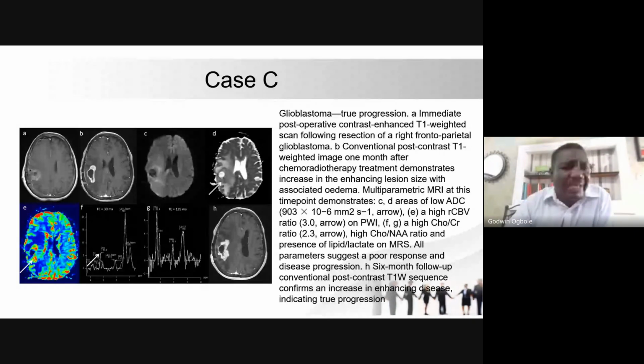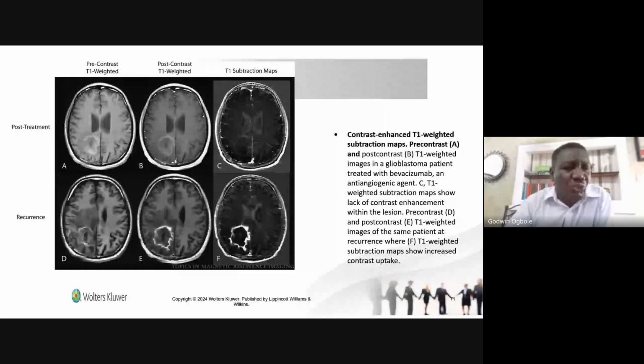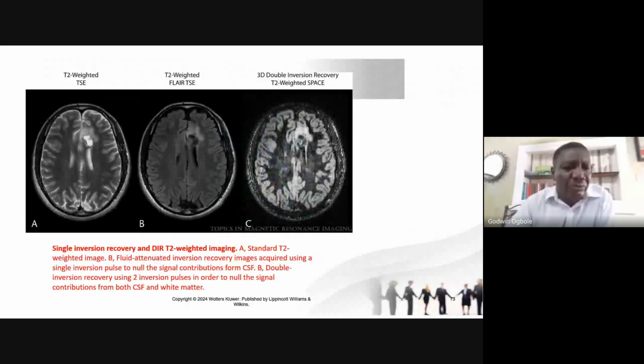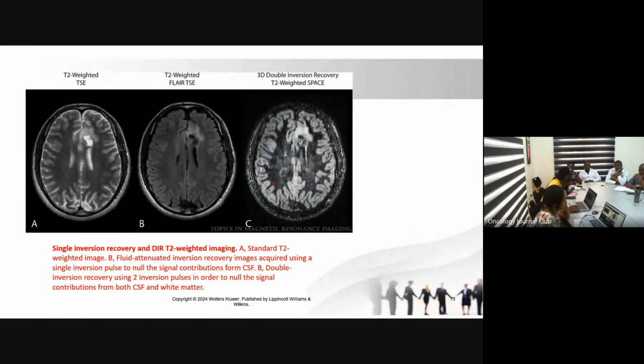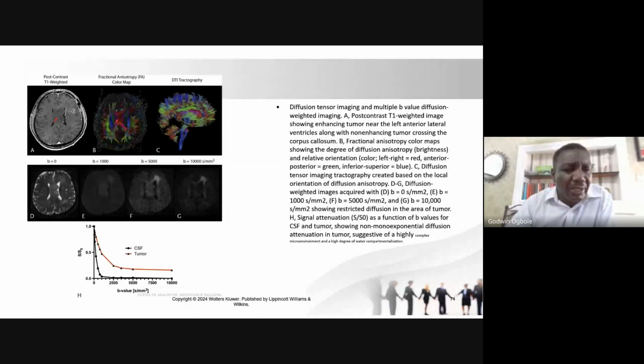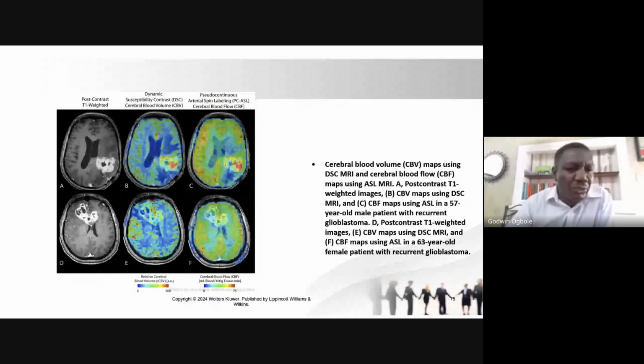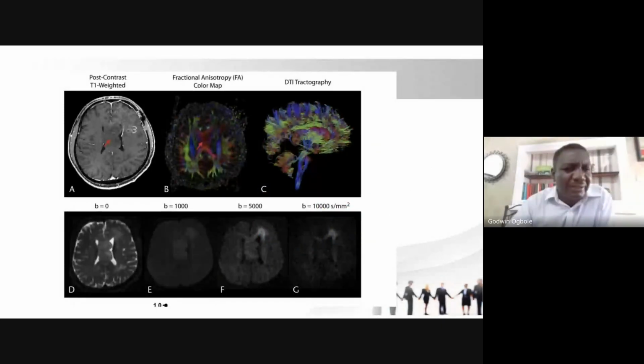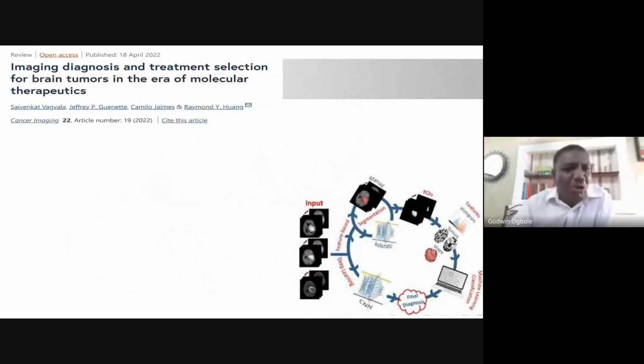These are cases of multiparametric MRI showing you perfusion MRI with that imaging for tumor. And then tractography, showing you the effects of tractography on tumors, and this one also showing you MR perfusion. Keep going. Next one. Okay, you can stop here now.